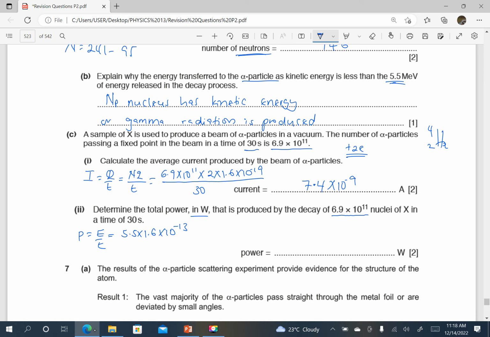But these are 6.9 times 10 power 11 alpha particles which are being emitted. So I will multiply this by the number. This is the energy when one alpha particle is emitted, and the energy when all of them are emitted is going to be times 6.9 times 10 power 11. This will be divided by time, which is 30.